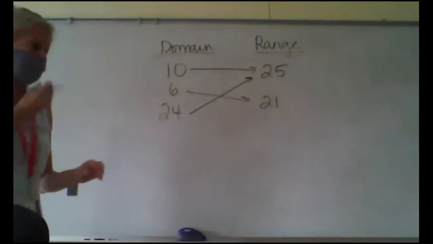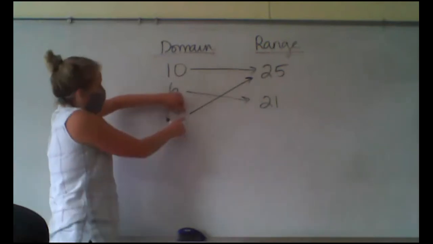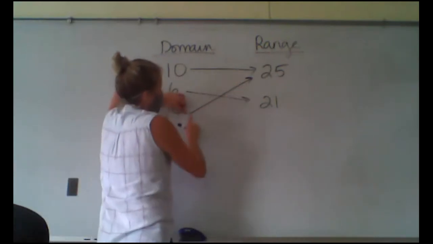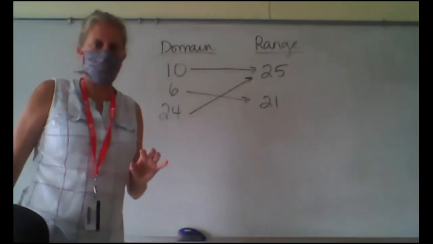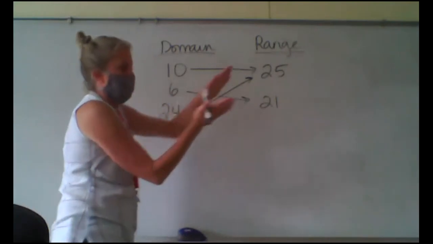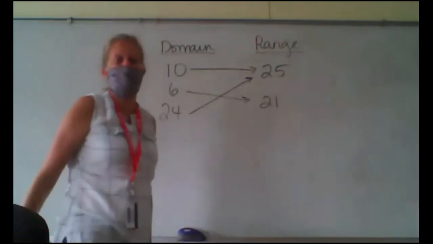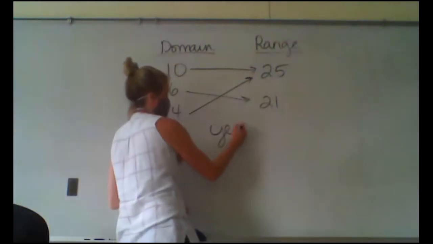So it is still a function, right? Because if it's not a function, for instance, the 24 would have had to have gone to the 25 and the 21. So it's only not a function if one of these numbers in the domain had two arrows coming out of it going to two separate numbers in the range. So yes, this is a function.